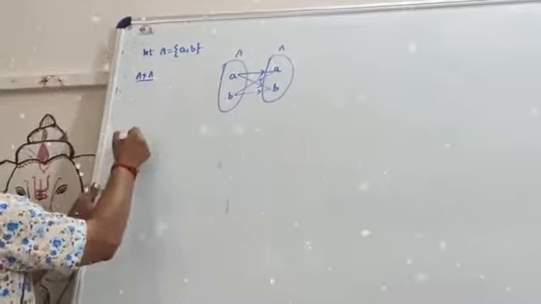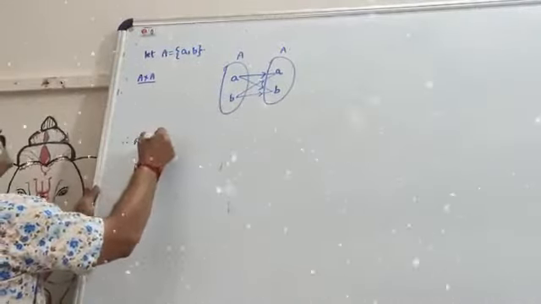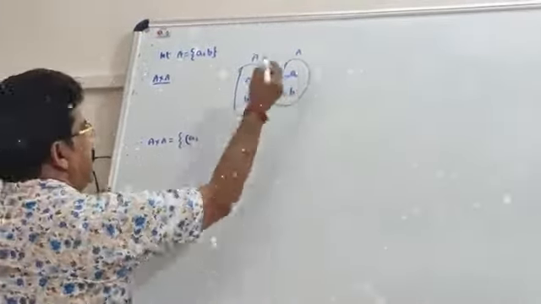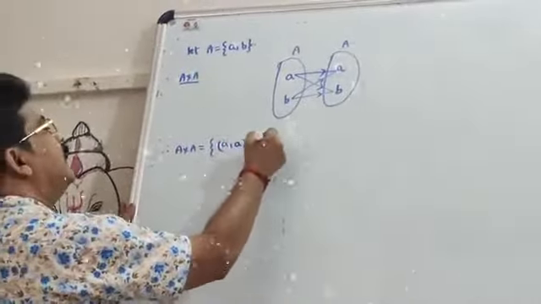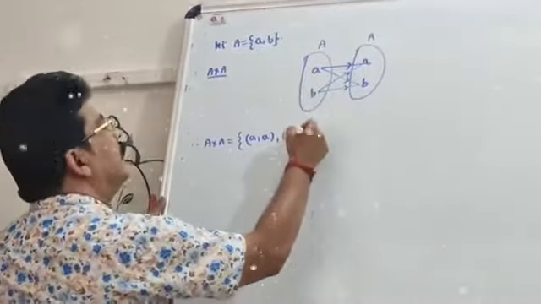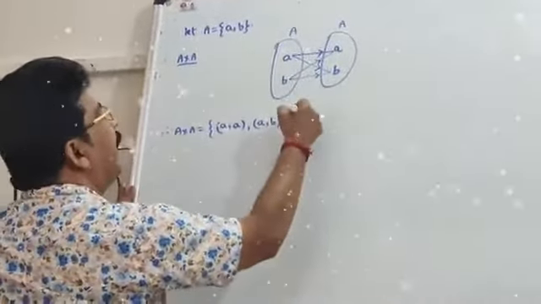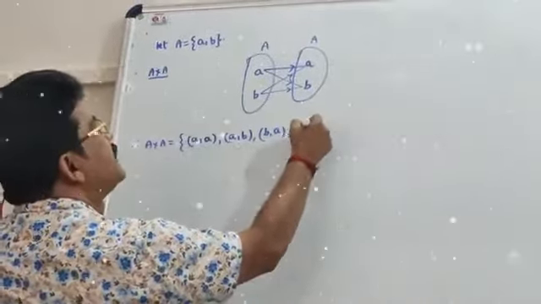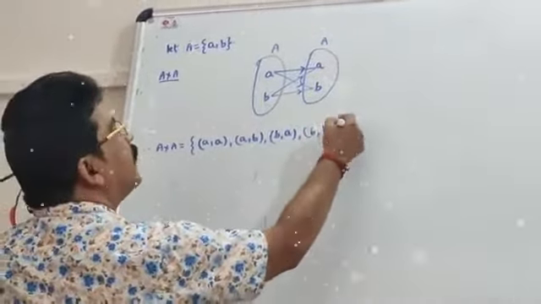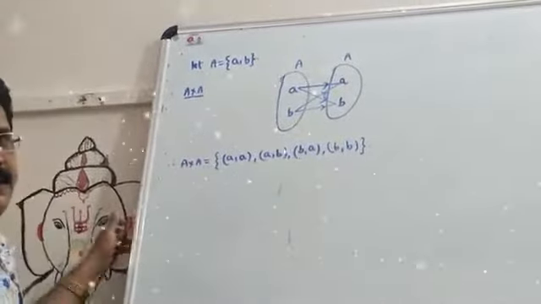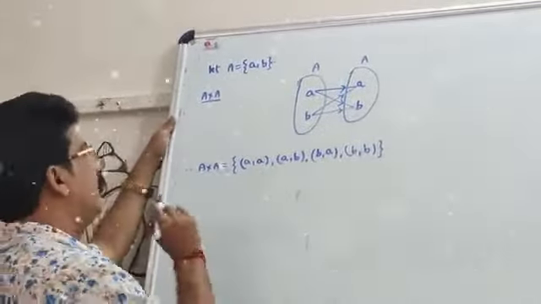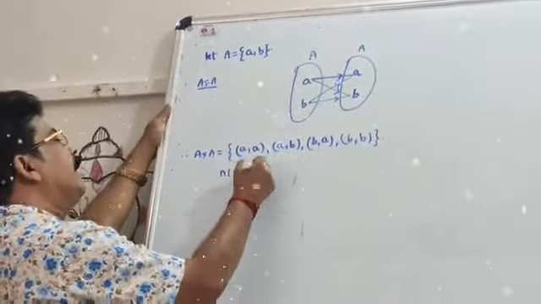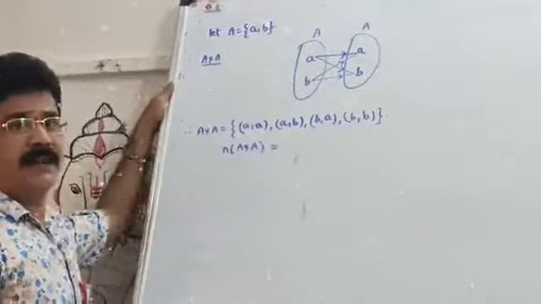So therefore, A cross A is equal to the set of (a, a), (a, b), (b, a), (b, b). This is the cross product of A, A.